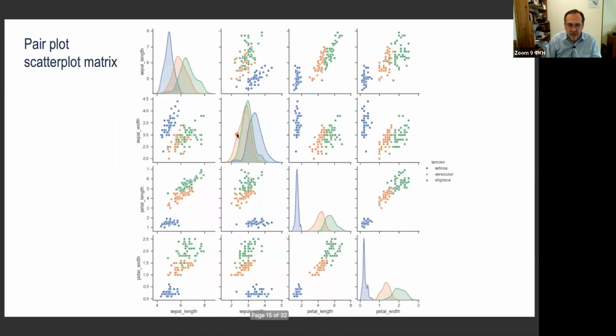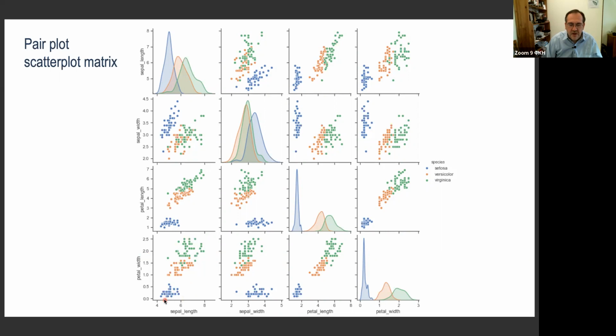Now, you can combine all of this together and have this scatter matrix. What we see here is that we're plotting all the parameters against each other.